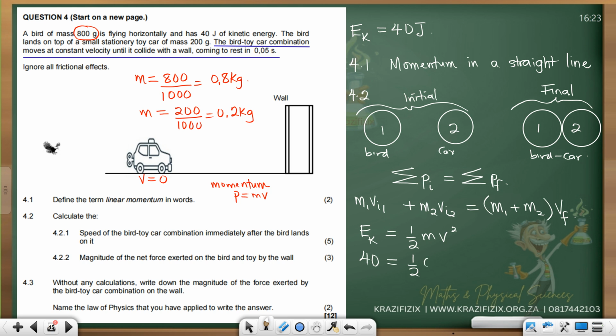What is my m? 0.8. Okay, please do the math for me and get me v. You are now in grade 12. No spoon feeding. Get me v. Everybody working now. Let's see your maths. So I couldn't work this out without first getting the initial velocity. So let's work it out.